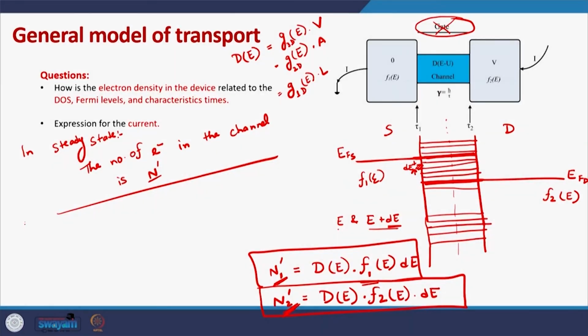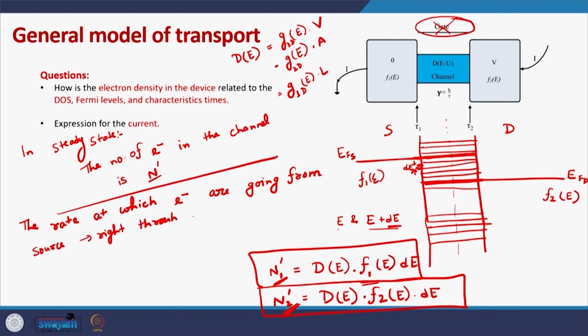So, the rate at which electrons are going from source right through the channel, if this rate is denoted as f1, this will be essentially (N1 prime minus N prime) divided by tau 1.